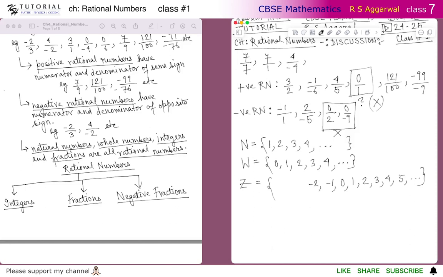So this is the collection of the integers, and we denote it by the capital letter Z. You know up till this.